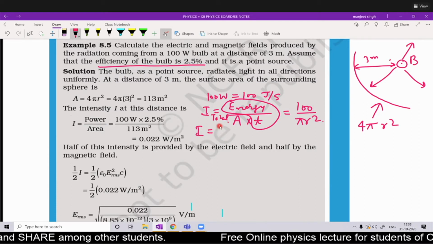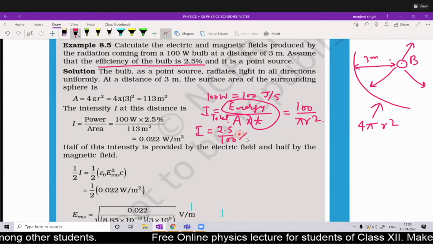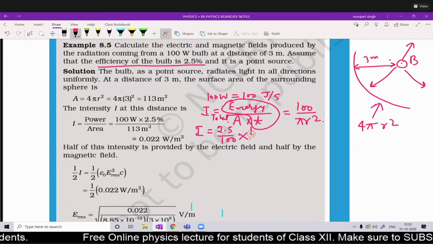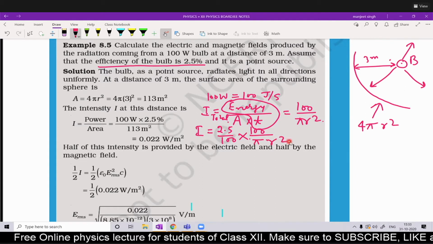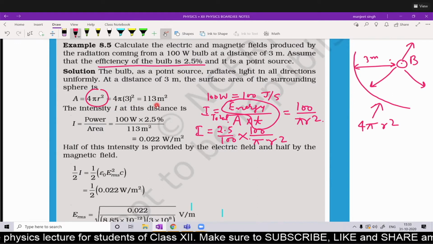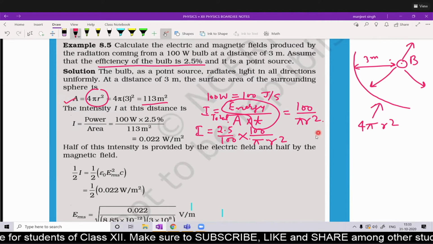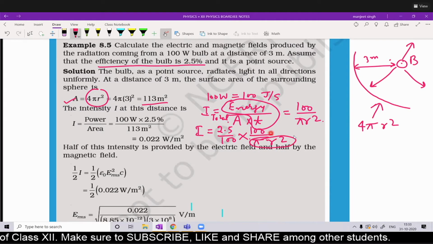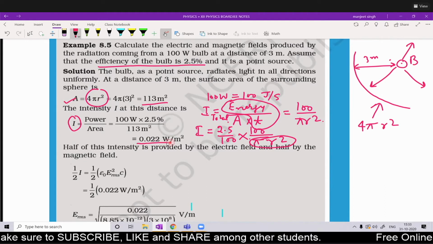So 2.5 divided by 100 into this 100 upon 4 pi r square. So you see the 4 pi r square factor has been calculated here. 4 pi into 3 square means 113 meter square. So the value of A is 113, and here we will write 113, and what we will get? We will get intensity as 0.022 watt per meter square.